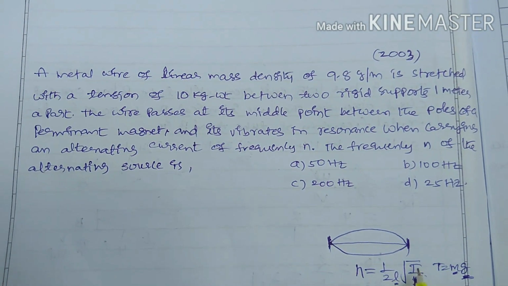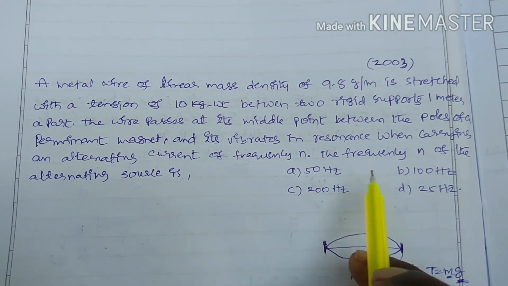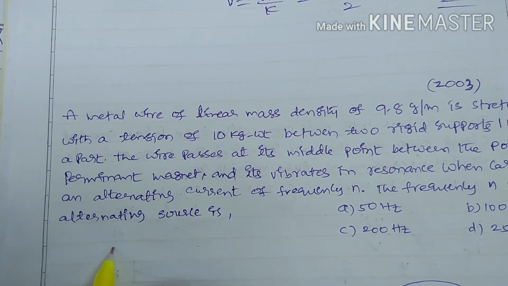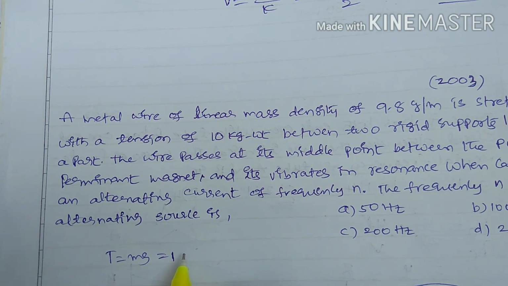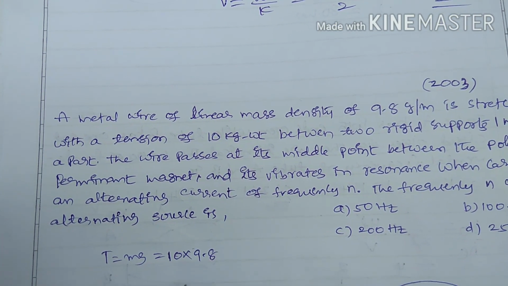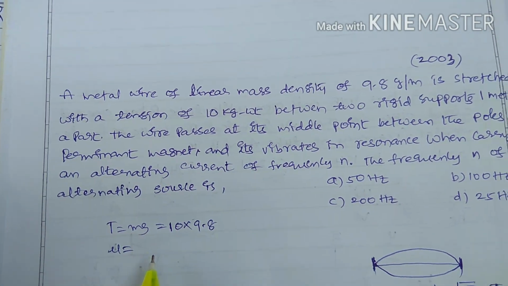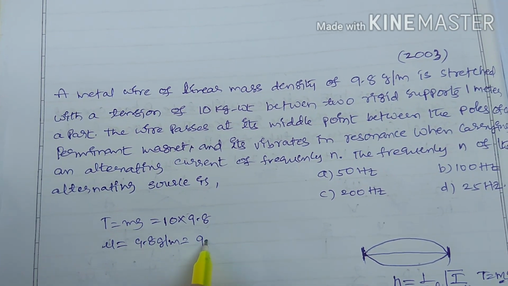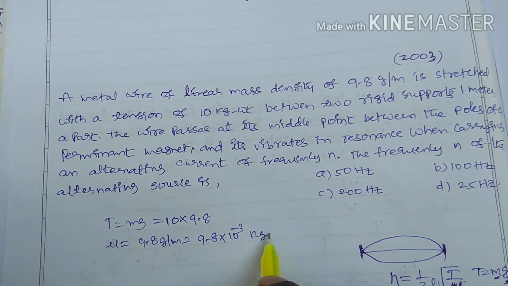So just simplify that. We have to find the frequency of the alternating current in the source. So here T is equal to mg, that is mass into g, which is 10 kilogram weight, 10 into g, where g is 9.8. Similarly mu, the linear mass density, is 9.8 gram per meter, which is 9.8 into 10 power minus 3 kilogram per meter.